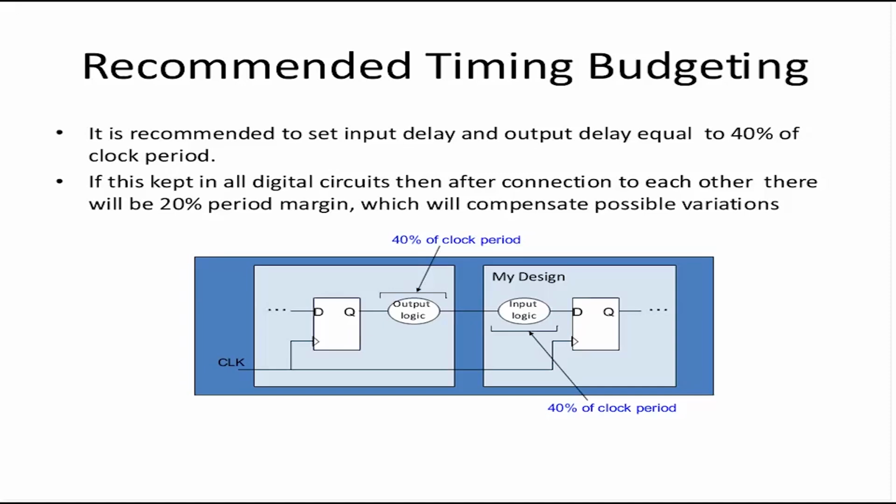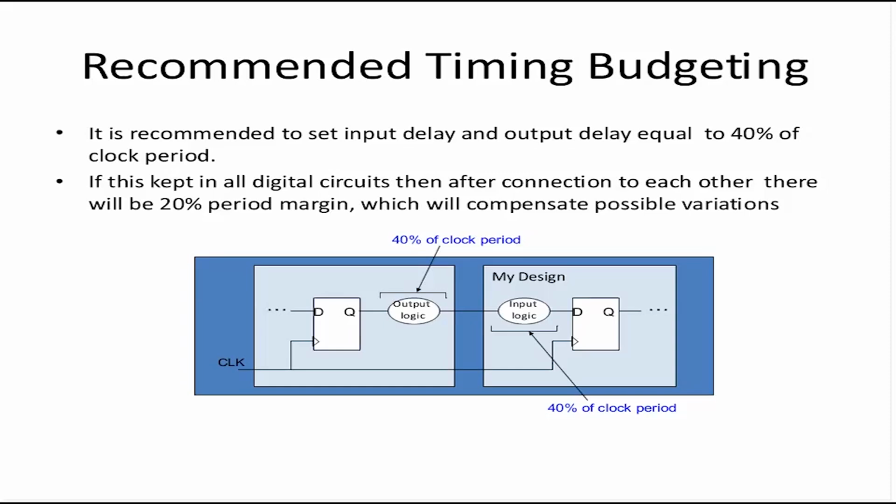So input delay and output delay are always with respect to some clock. If we say that the input delay is 40%, it means that 40% of the clock period of the capture clock is reserved for the external world. The external world will consume an amount equal to the input delay from your clock period.